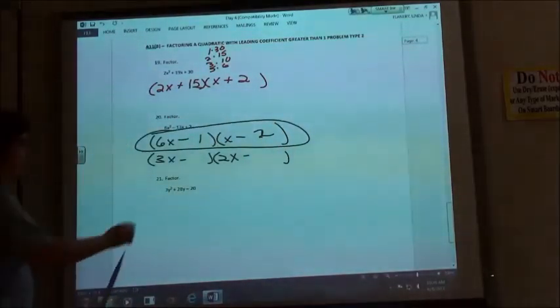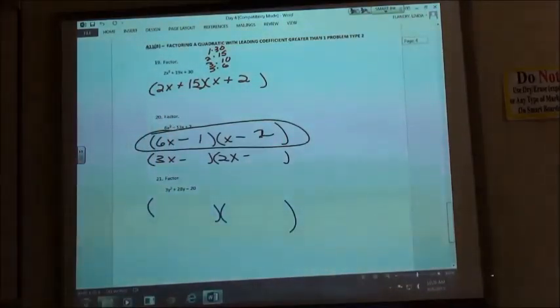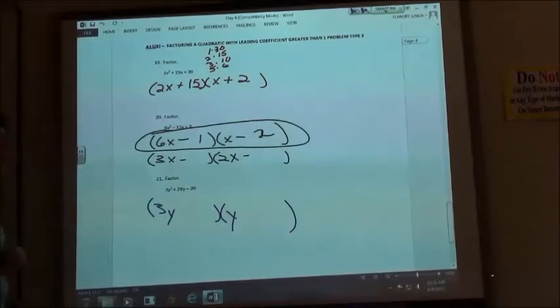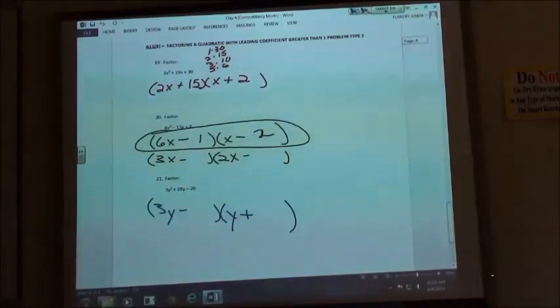And number 21. Factors of 3y squared, 3y and y. My signs, negative and positive. We might not know which order yet, but we'll plug them in and we'll check it out. We want to try a pair of factors of 20.